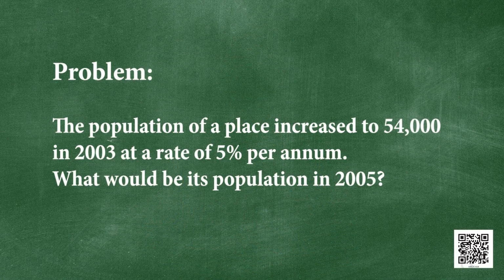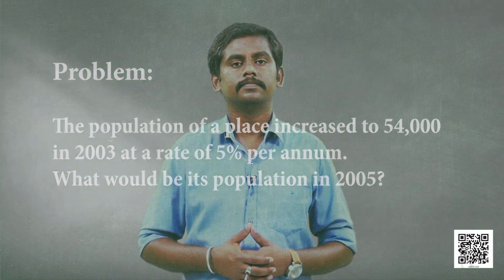Students, firstly, let us try to solve a problem on population. The problem goes like this. The population of a place increased to 54,000 in 2003 at a rate of 5% per annum. What would be its population in 2005? Students, we observe that every year there is an increase of 5% population.